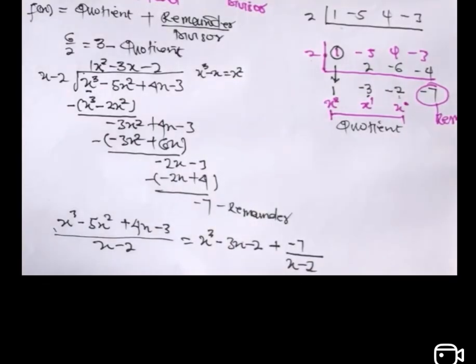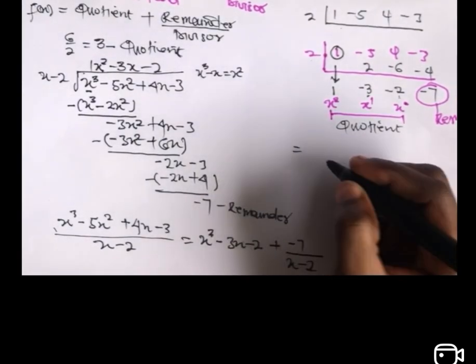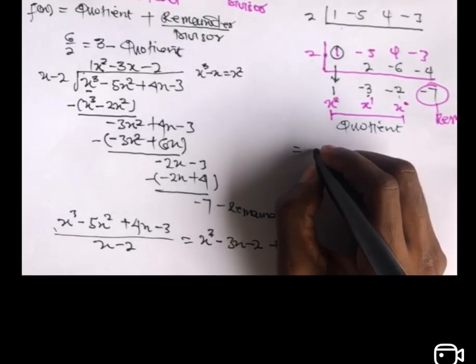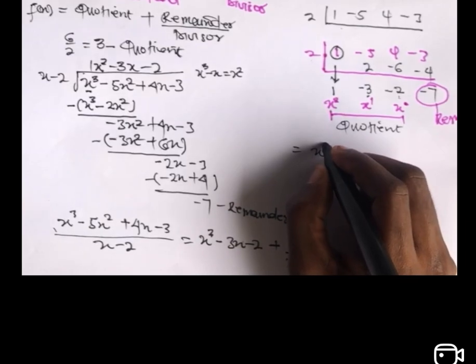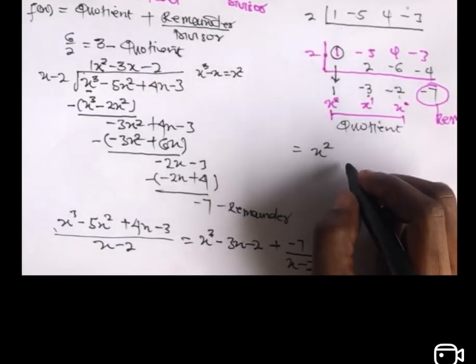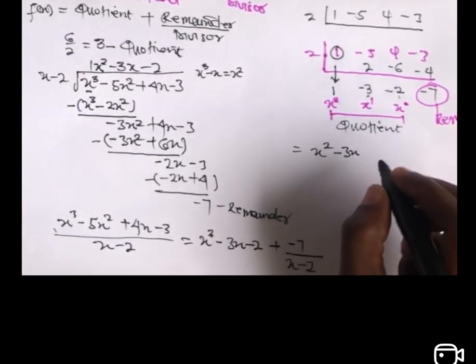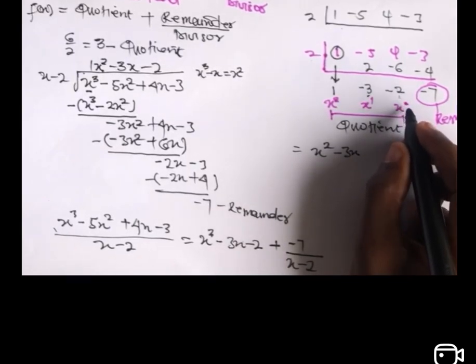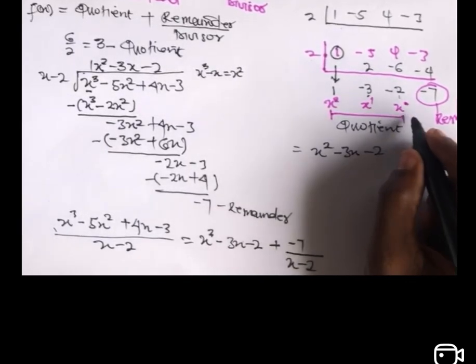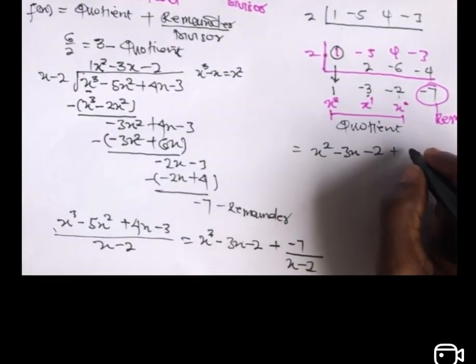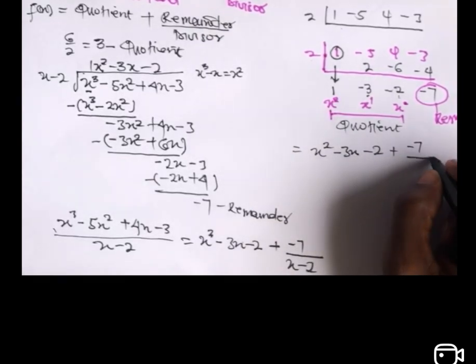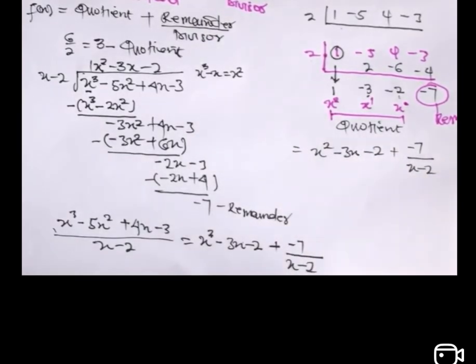Is that okay? It means that our final answer is going to be the quotient first. So you are picking them. 1 times this will give you 1x squared. Negative 3 times this will give you negative 3x. Negative 2 times x to the power 0 will give you negative 2, because x to the power 0 is 1. Plus the remainder, which is negative 7, over the divisor x minus 2.